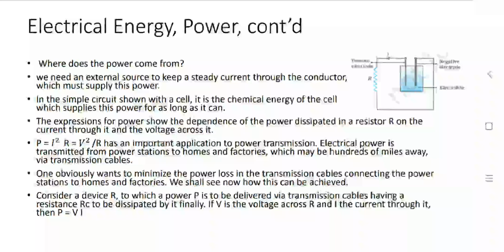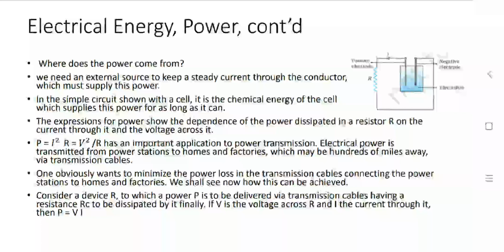Whatever power is delivered from the power station to the power cable is finally dissipated in the cable resistance. V is the voltage across R, and I is the current passing through that cable.